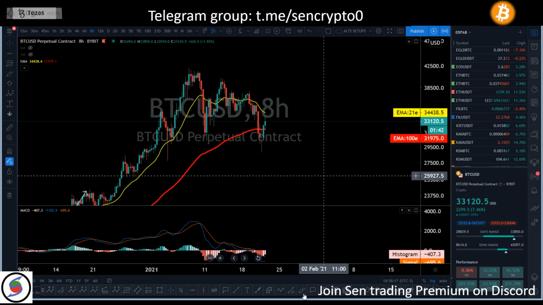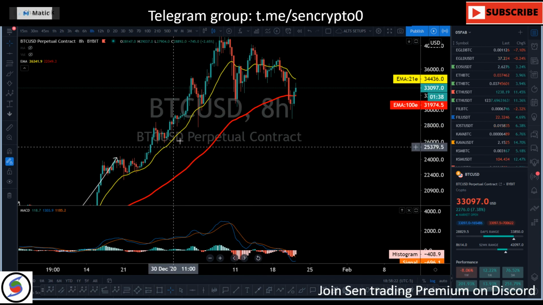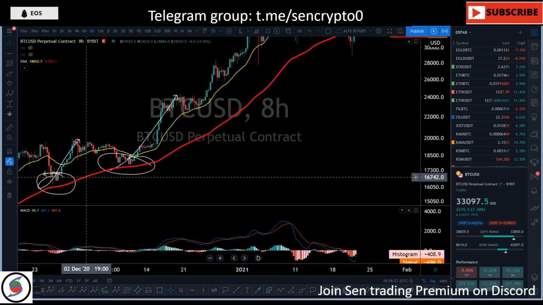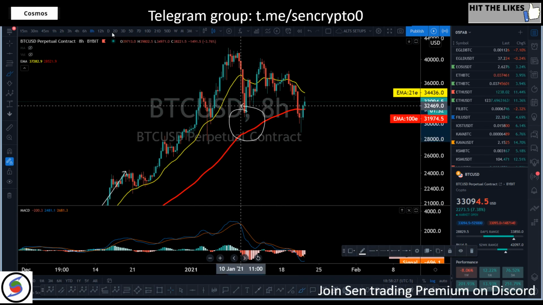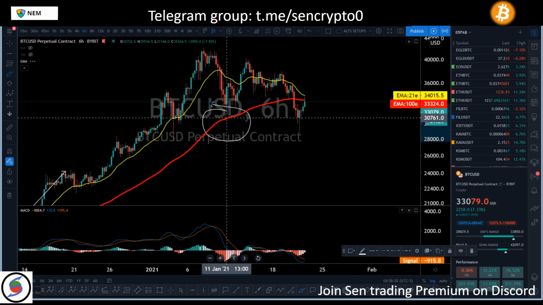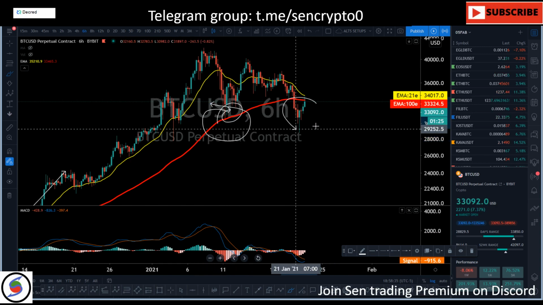The only difference between the current 8 hour and the previous setup right here is that the first setup we got was a 6 hour retest. This one is an 8 hour retest.